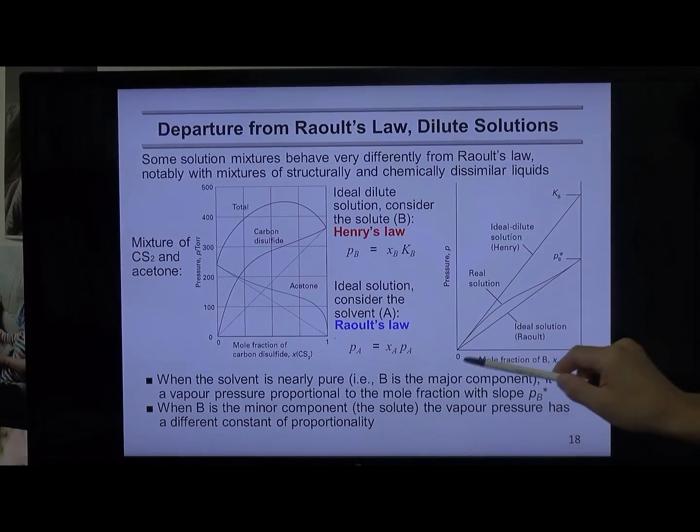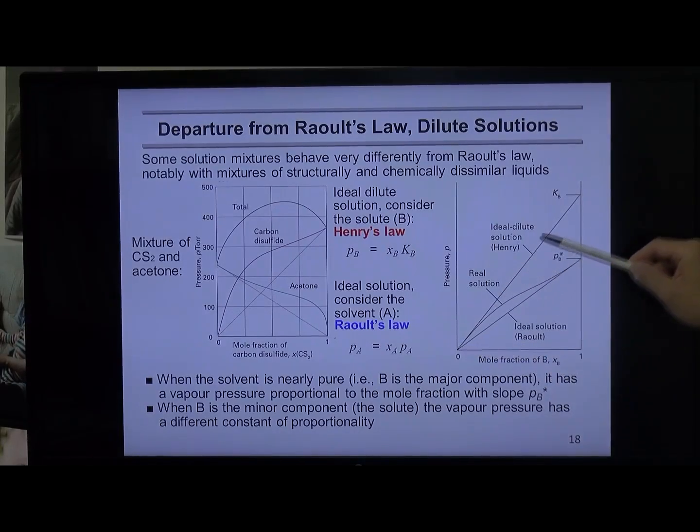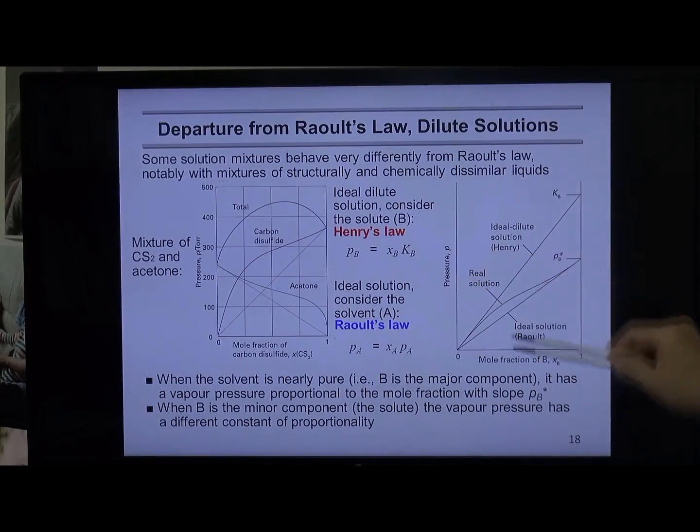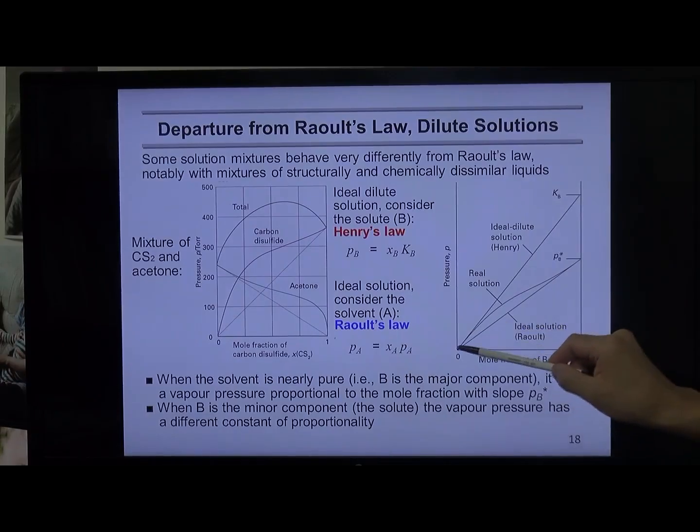They follow this straight line. Vapor pressure is proportional to xb, but with another constant, which is called Henry's constant. This shows the ideal dilute solution behavior.